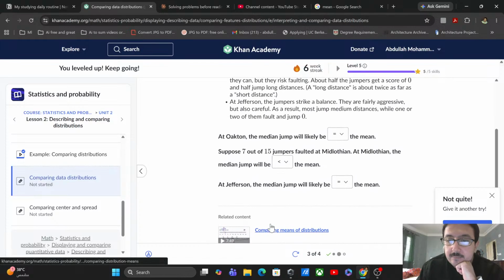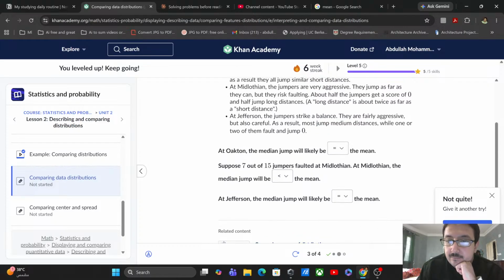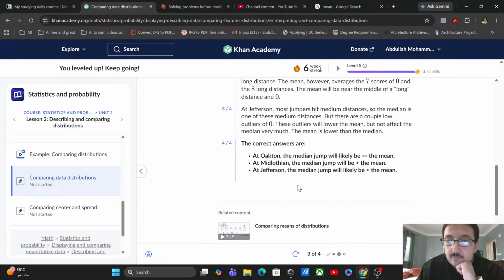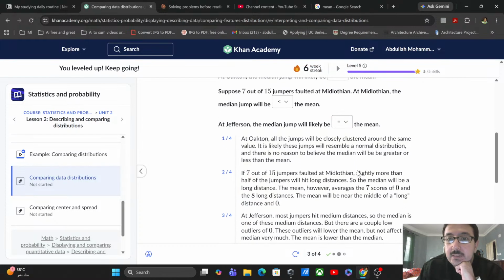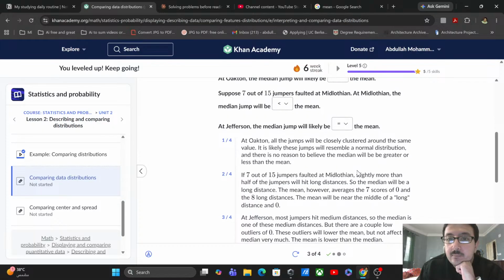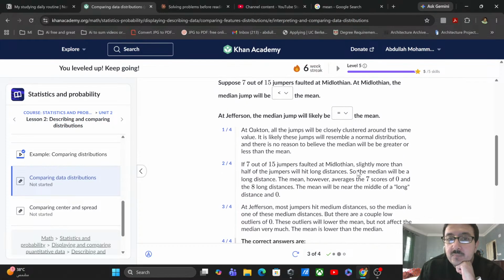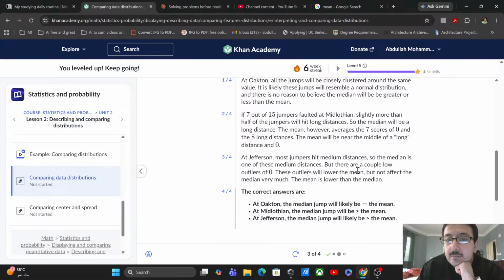Hence, no hints, give hints. The correct answer is larger than the mean. What did we say? Less than the mean. Less than the mean. It should be larger than the mean.